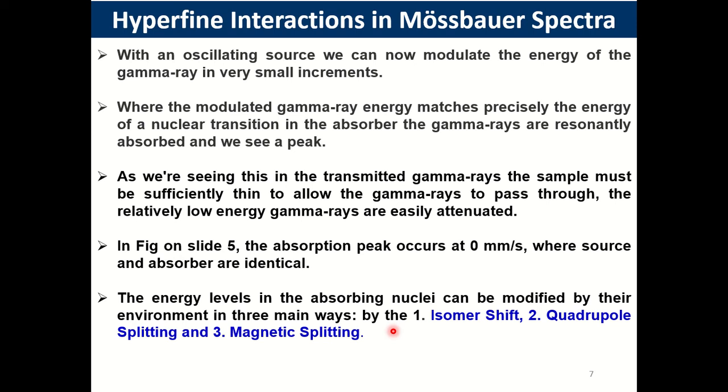Or if I am taking away a few electrons from the surroundings, converting an Fe0 to Fe2 plus. All these changes in the surrounding environment are going to affect your Mössbauer spectrum. There are three different ways in which this can occur: isomer shift, quadrupole splitting, and magnetic splitting.